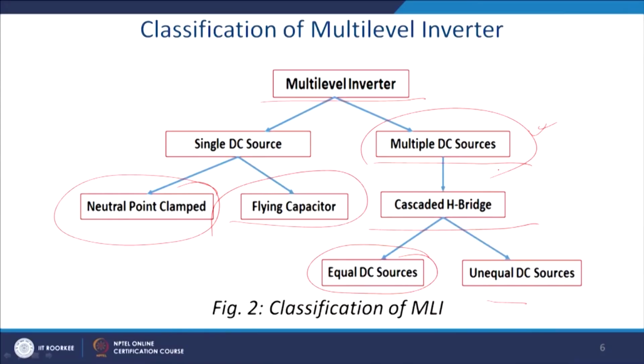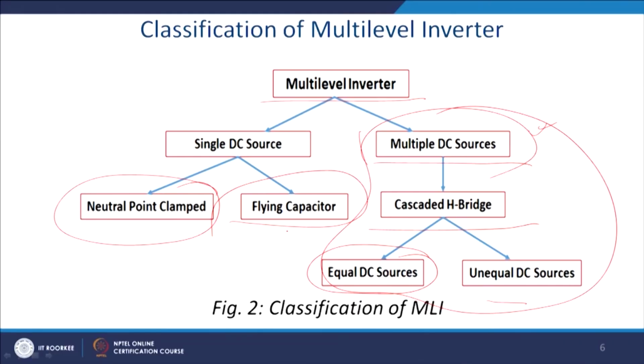And this cascade multi-level inverter is also used in the UPQC, a shunt active power filter, and other applications also, because ultimately you just require a difference of source voltages to compensate a different level of voltage. So, nowadays we prefer this application more than the neutral clamp and the flying capacitor.